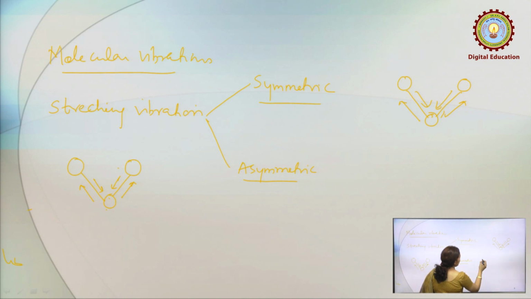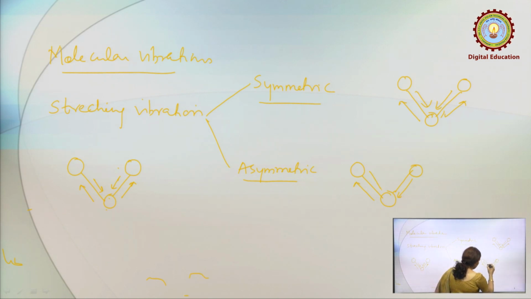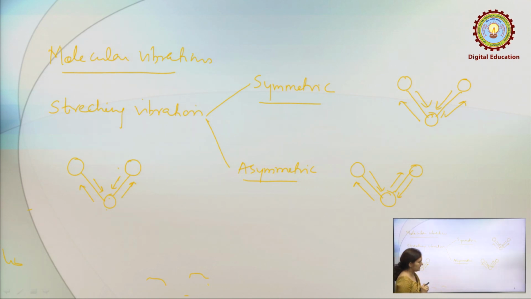While in the case of asymmetric vibration, when one atom stretches, the other compresses. It means when one atom moves away from the central atom, the other atom comes towards the central atom, or vice versa. In this case, you have also noticed that there is change in the bond length.